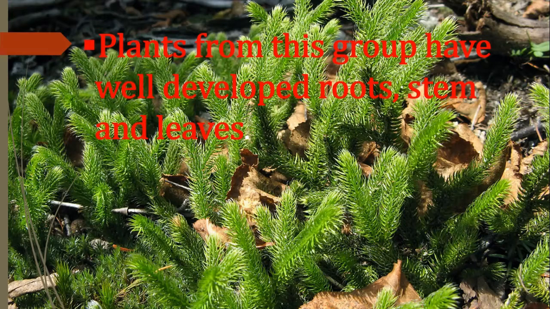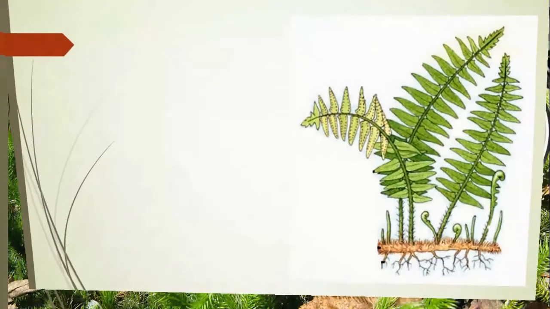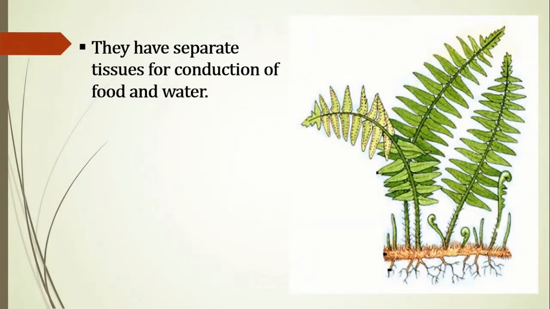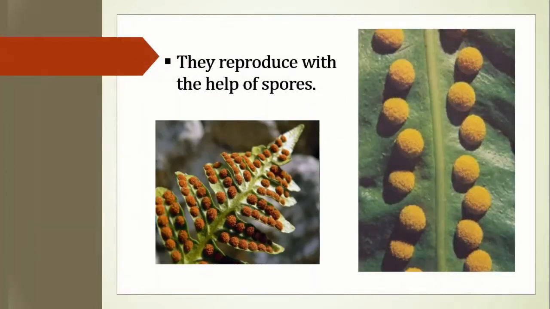Plants from this group have well-developed roots, stems, and leaves. They have separate tissues for conduction of food and water, but they do not bear flowers and fruits. They reproduce with the help of spores formed along the back or posterior surface of their leaves.